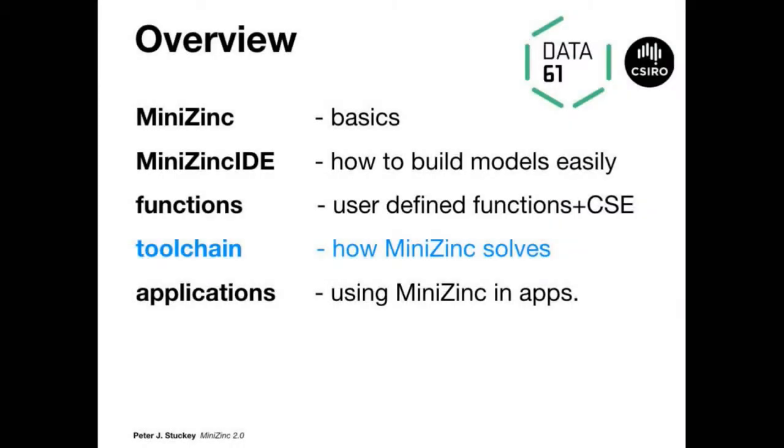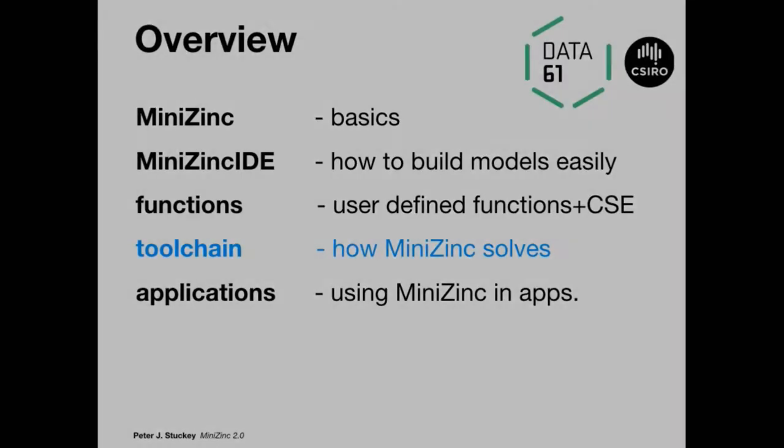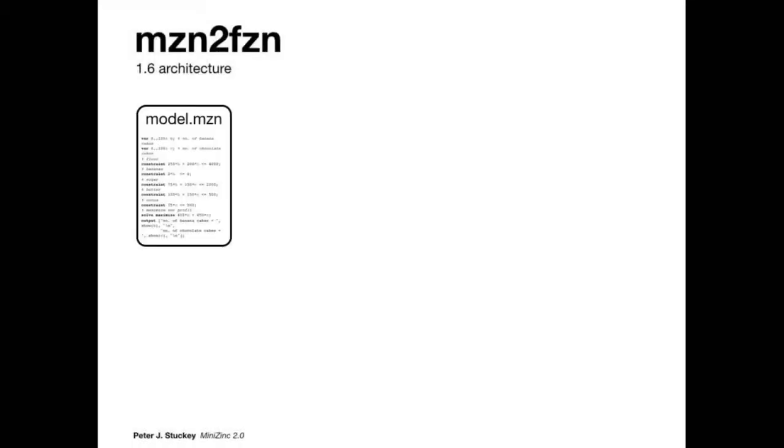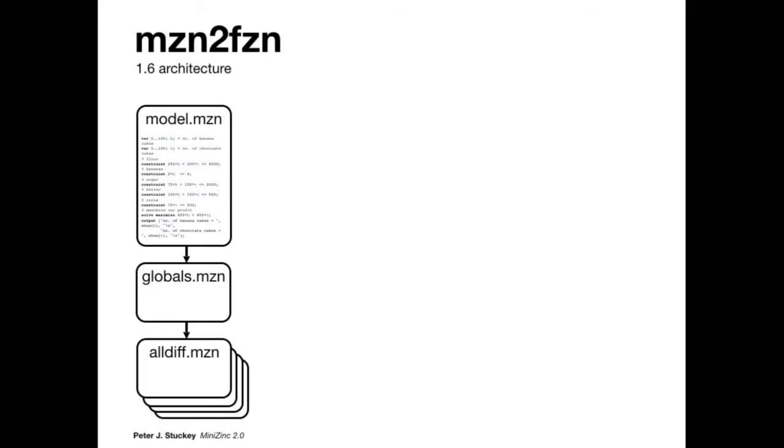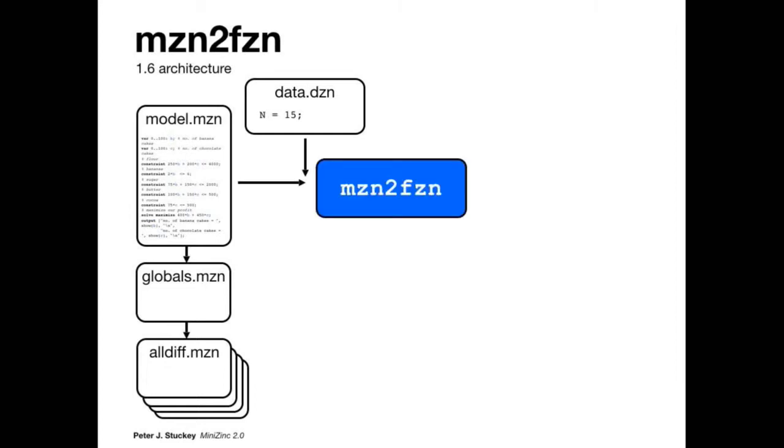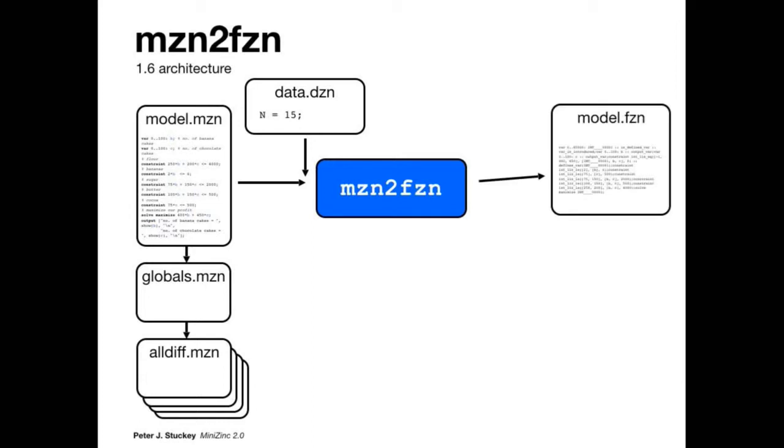All right, so just to talk about how MiniZinc solves. We take our model, and the model will make use of some global constraints, and there'll be a library specific to a solver that defines how those global constraints are going to be used. Then, of course, when we actually want to run, we're going to have some data specific to that model. This is the old architecture, but basically this is still the core of what's going on in MiniZinc.